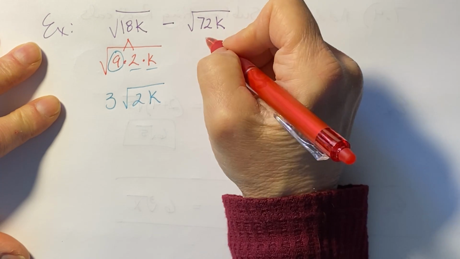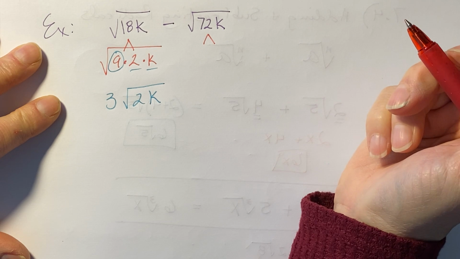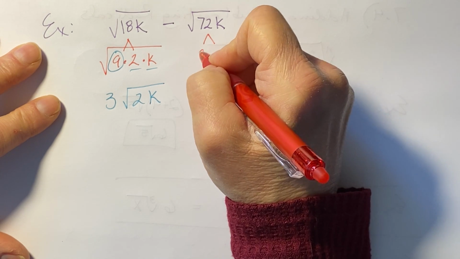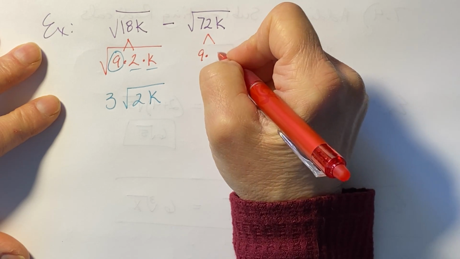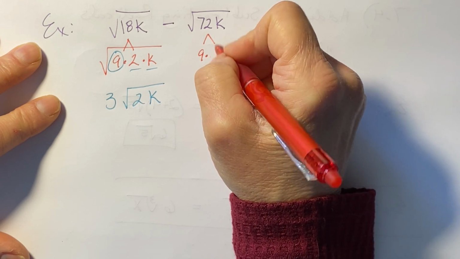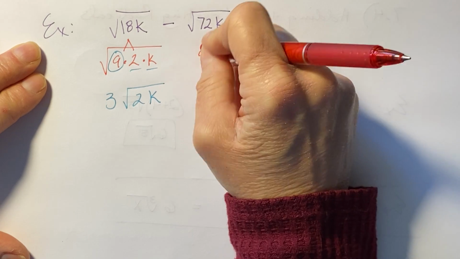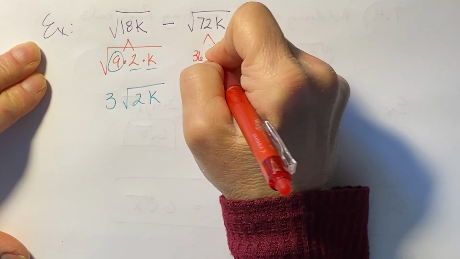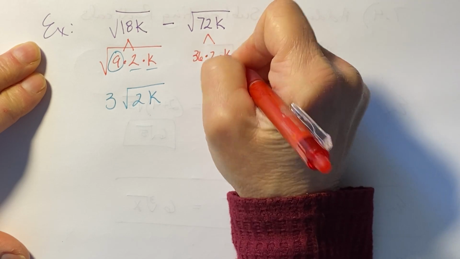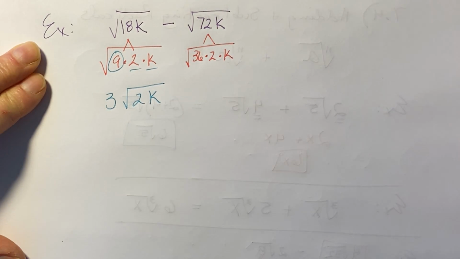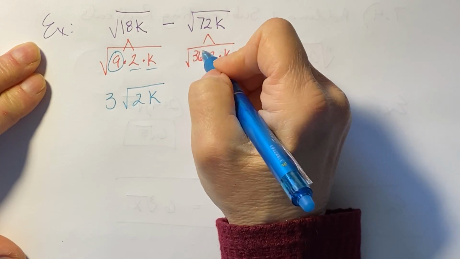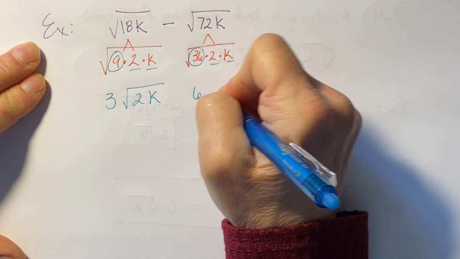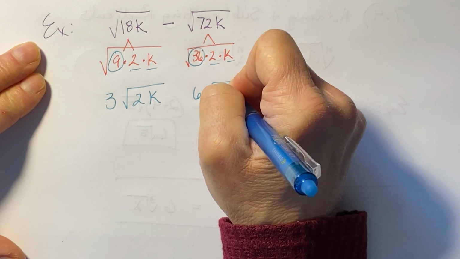The 72 is 9 times 8. But 8 has a perfect square of 36 times 2. 36 times 2 times k. So the 36 is my perfect square, and that'll be 6, and the 2k stays underneath the radical.